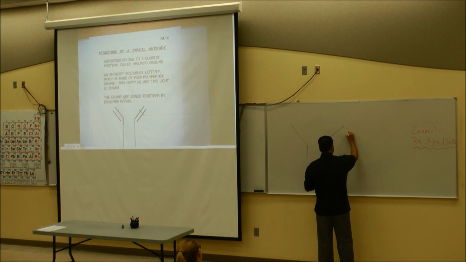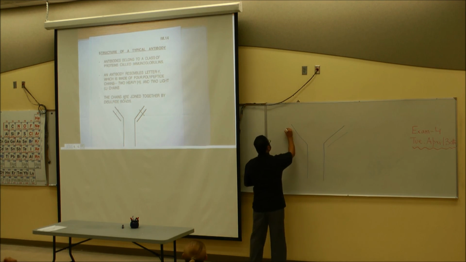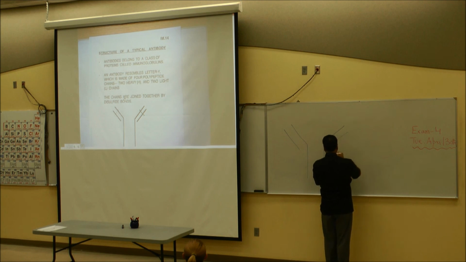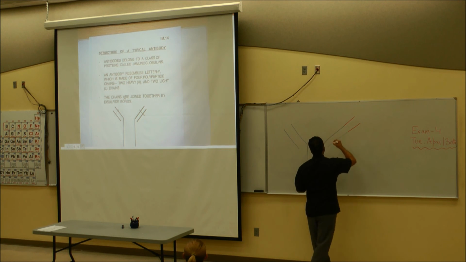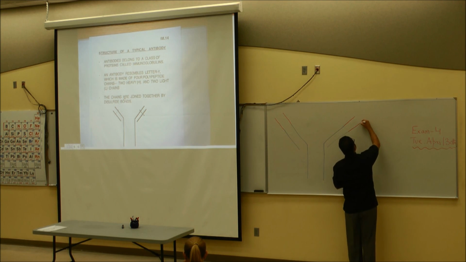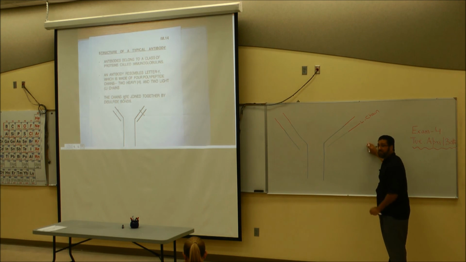First, let me just draw everything, then we will label them. The small chains are called L chain or light chain.